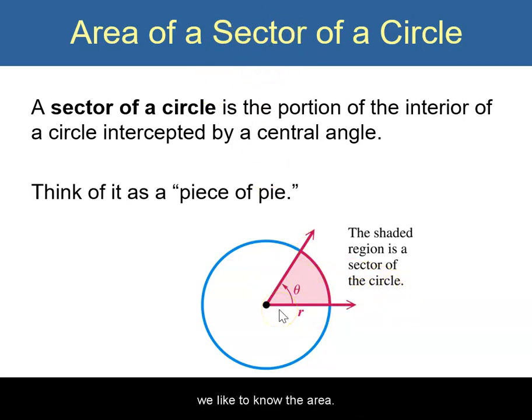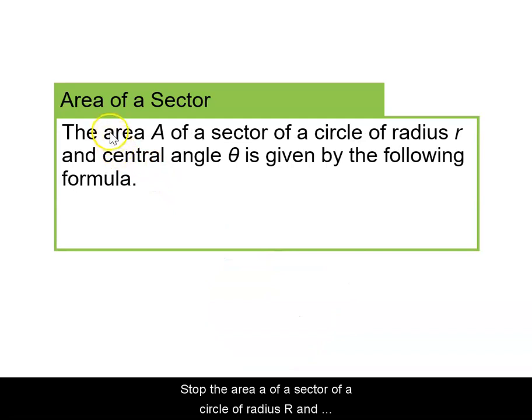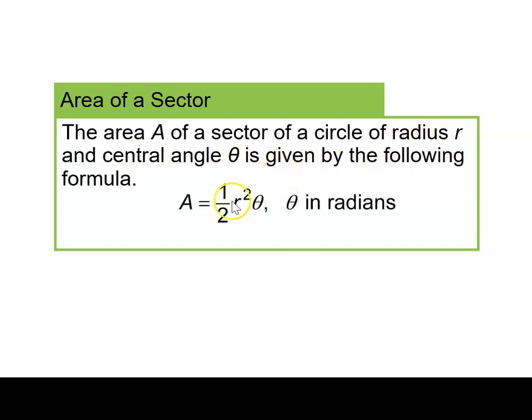We'd like to know the area that this radius sweeps over in terms of the whole area of our circle. So the area A of a sector of a circle of radius r and central angle theta is given by the following formula.